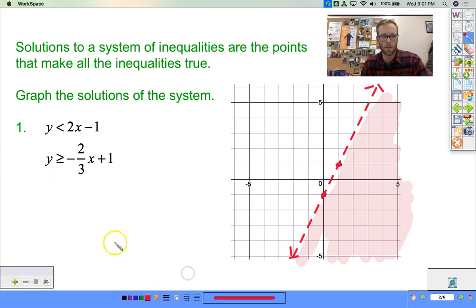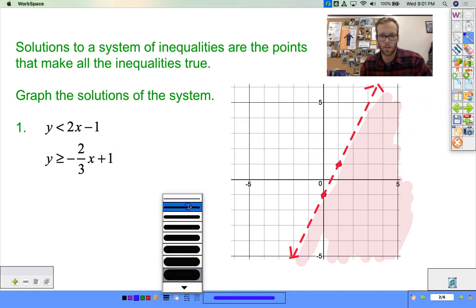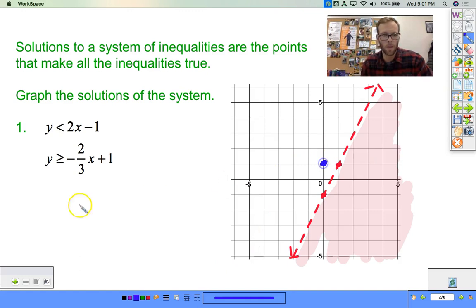Well, now let's move on to this inequality of y is greater than or equal to -2/3 x plus 1. Here our y-intercept is 1. Our slope is -2/3, so that means we're going to go down 2 over 3. Now, should this line be solid or dashed?